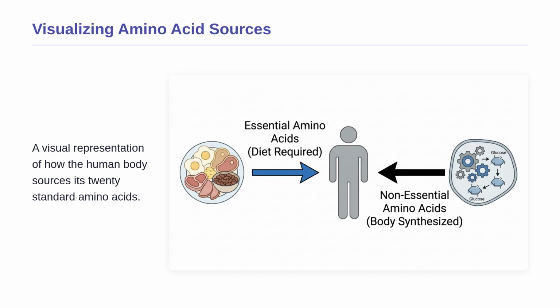On the right, we see the internal cellular factory. Notice how it takes simple molecules like glucose and runs them through metabolic gears to synthesize the non-essential amino acids. Both pathways converge on the human figure, providing the complete set of 20 amino acids required to build and maintain healthy tissues.